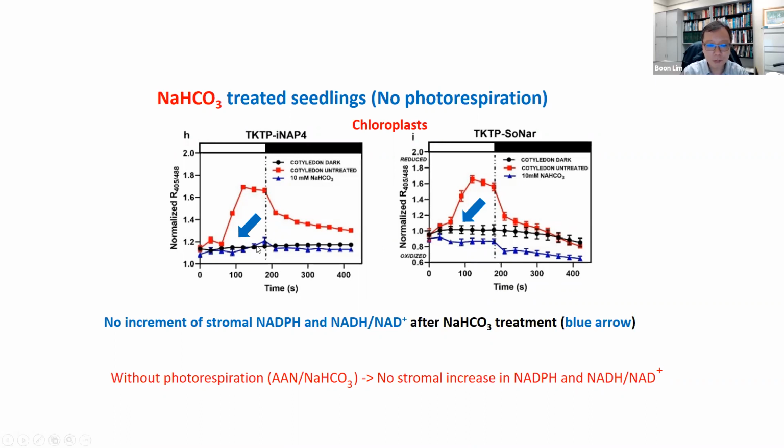We find that when we include this sodium hydrogen carbonate, the chloroplast NADPH and chloroplast NADH-NAD ratio increases also disappear. So based on both AAN and the sodium hydrogen carbonate treatment, when there is no photorespiration, we could not see a stromal increase in NADPH or NADH-NAD plus ratio.